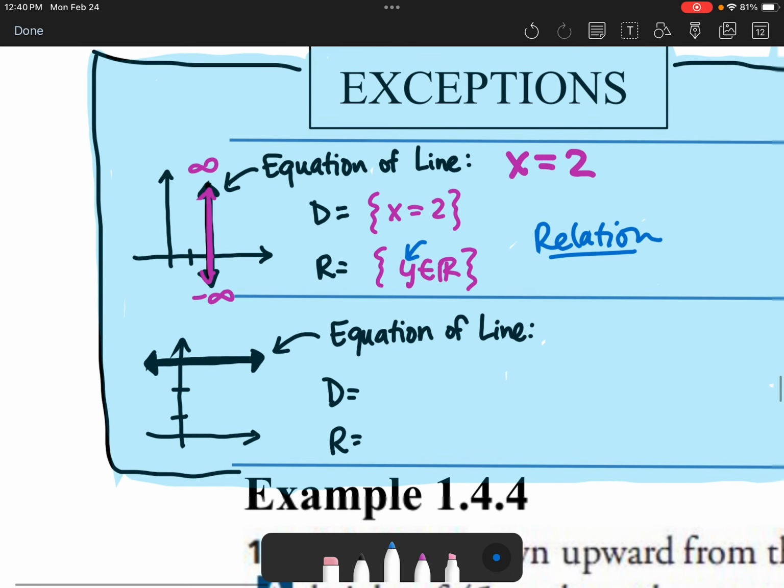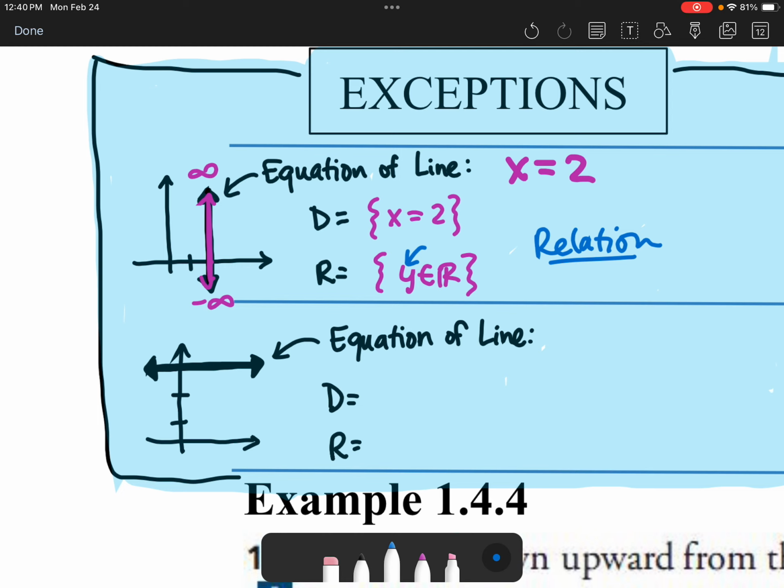We have another exception here. We have this horizontal line, and this horizontal line is crossing at y = 3. So that is literally the equation of our line, y = 3. Now, what's the domain? The domain talks about how far left and right our x values can go.